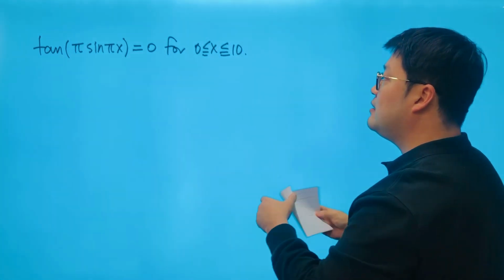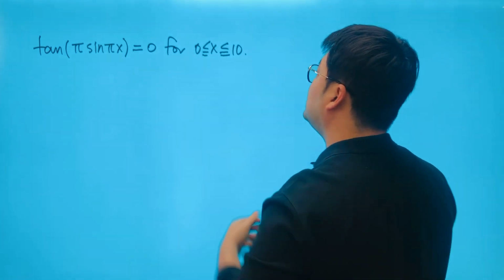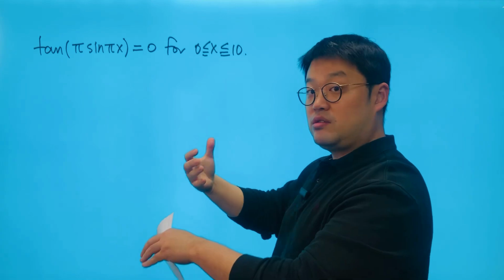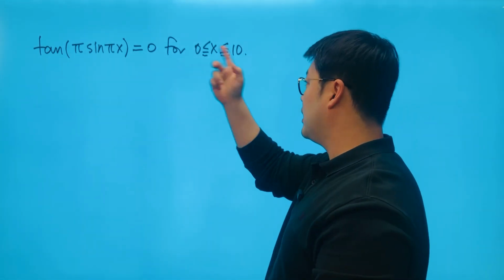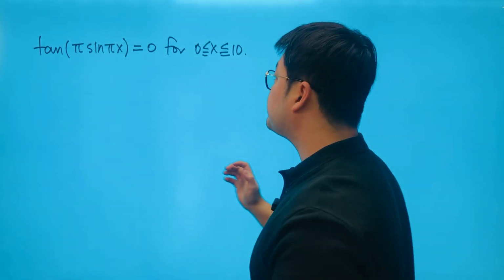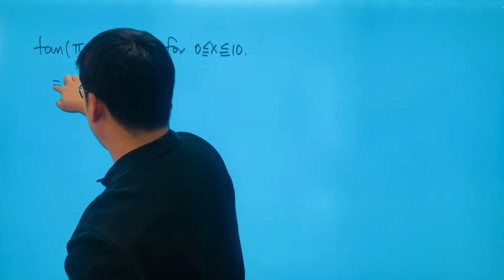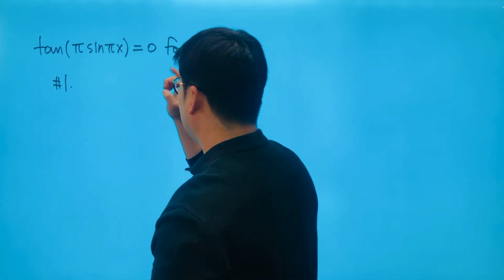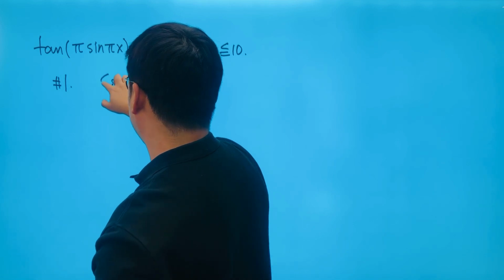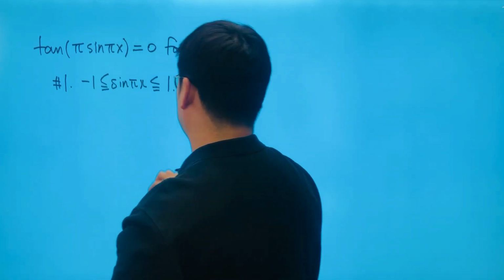First, the interval between 0 and 10 is already bigger than one period of 2, so it's going to include all the maxes and mins. Now, step number 1: sine pi x actually stays between -1 and +1, okay?